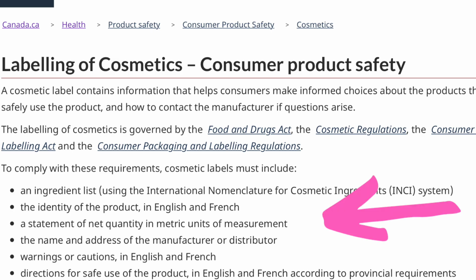In fact, if you look at Canada.ca's website, in their labeling of cosmetics guideline, within the first few scrolls of the page, they immediately list what you must include on labels. And those things are an ingredient list, the identity of the product, a statement of net quantity, the name and address of the manufacturer, warnings or cautions in both English and French, and directions for safe use.